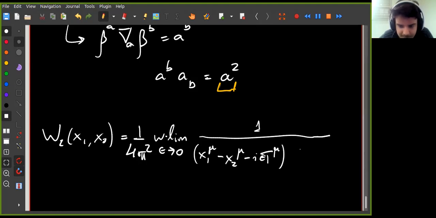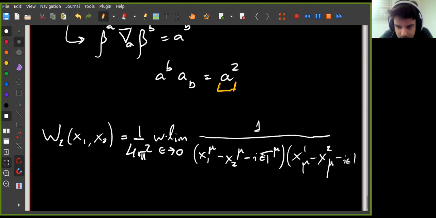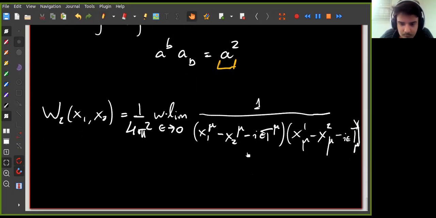And t^μ is an arbitrary time-like vector. This is the expression. We can then rewrite this in r, phi coordinates.